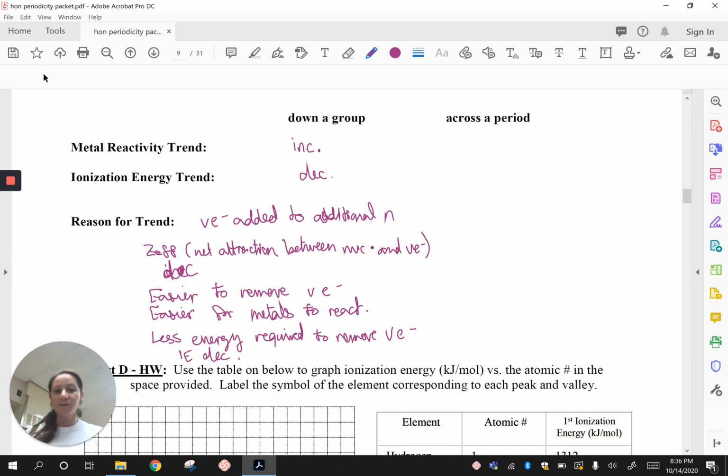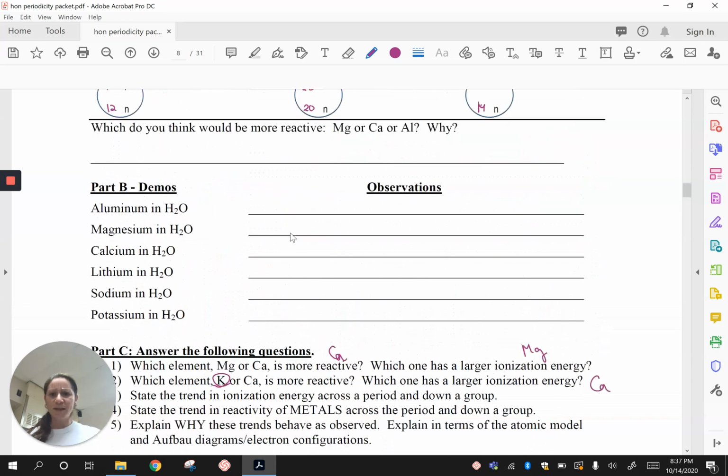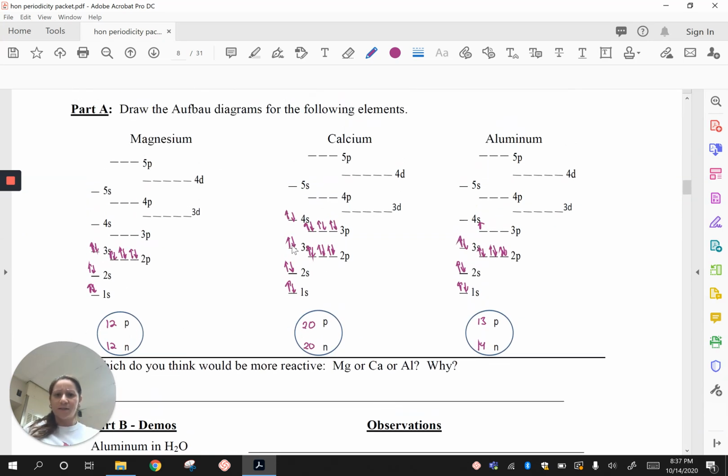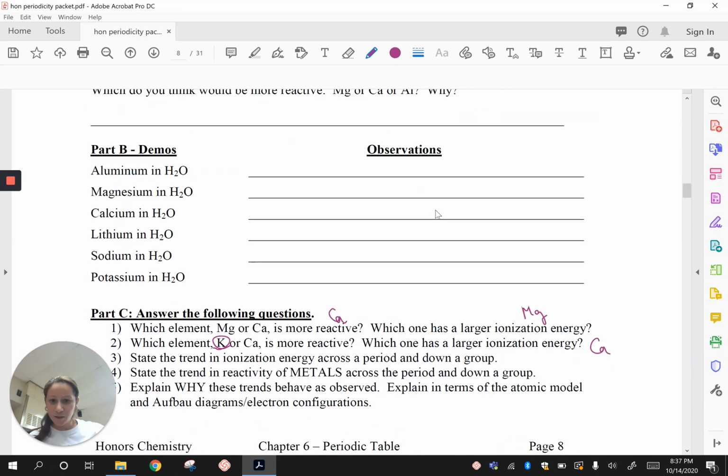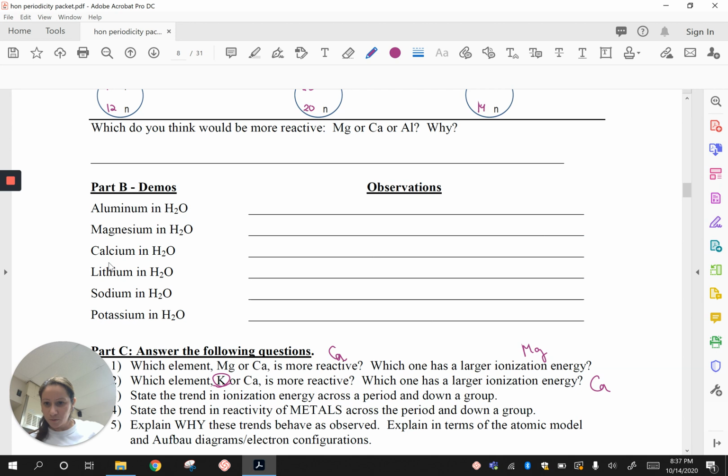Okay, let's look at across a period. So let's go back here, and across a period, we saw magnesium and aluminum, right? Aluminum is the one that didn't do anything at all. Magnesium reacted, definitely. What other two did we see? We saw lithium and, what other two are in the same period?